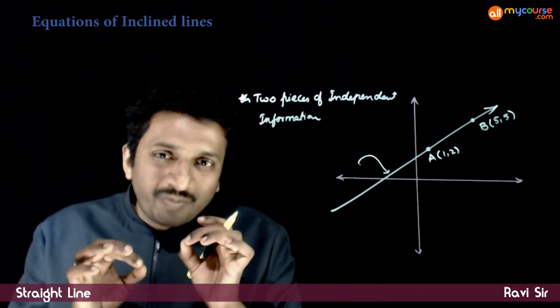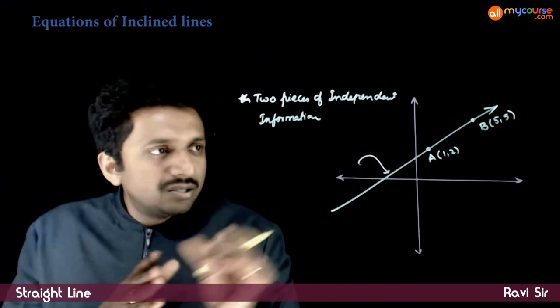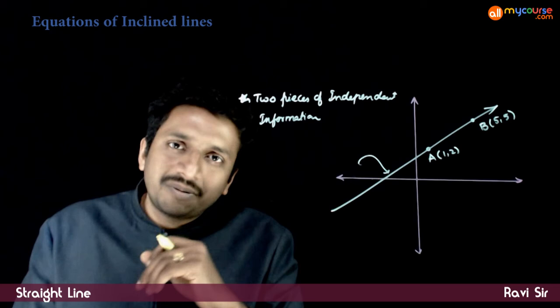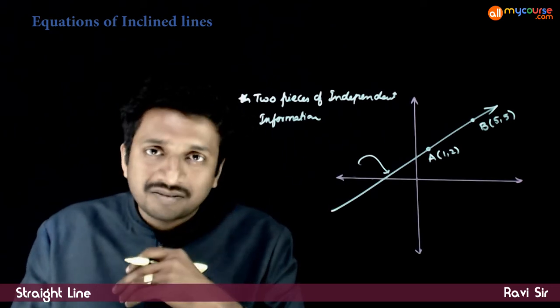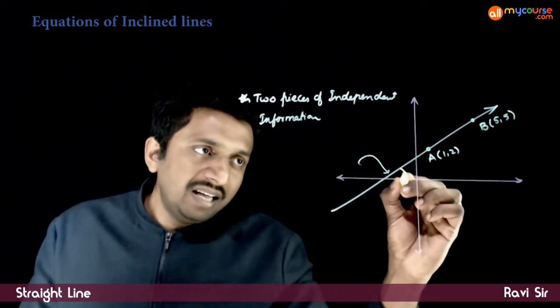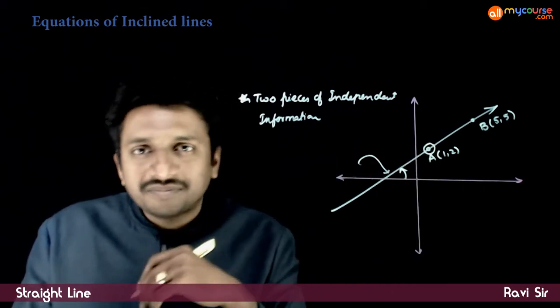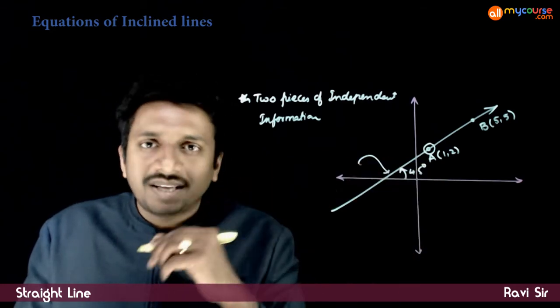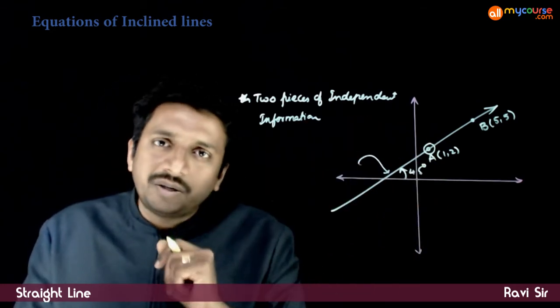So this is called specification of a line. We can specify a line by giving 2 points on the line. Or else we can specify a line using an angle and a point. I say that the line makes 45 degrees with x-axis and passes through (1, 2).